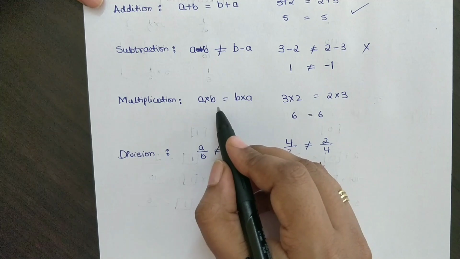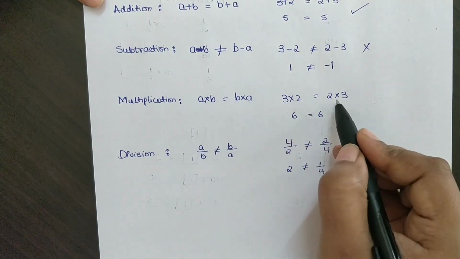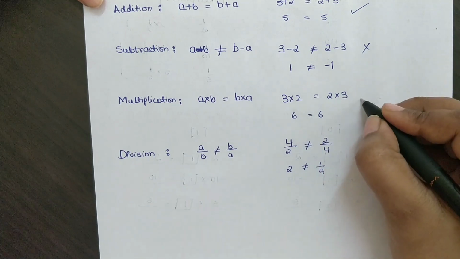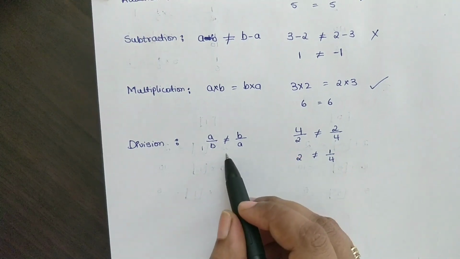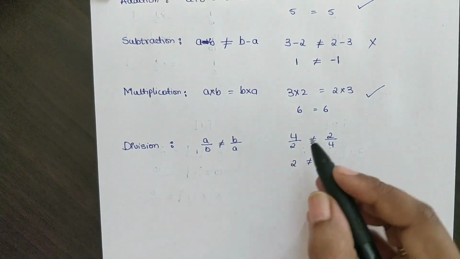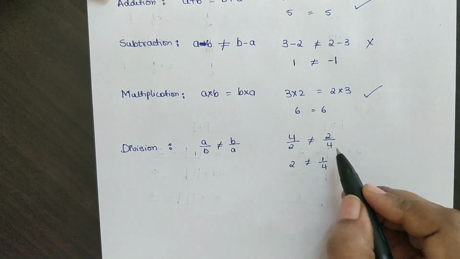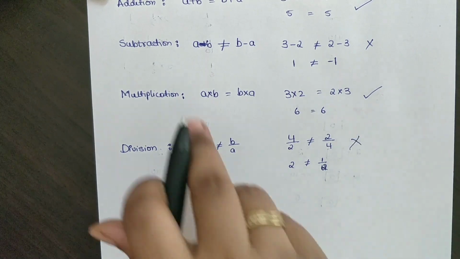A into b equal to b into a. 3 into 2 equal to 6. 2 into 3 equal to 6. Therefore, it obeys commutative property. A by b is not equal to b by a. 4 by 2 is 2. 2 by 4 is 1 by 2. So it does not obey commutative property.